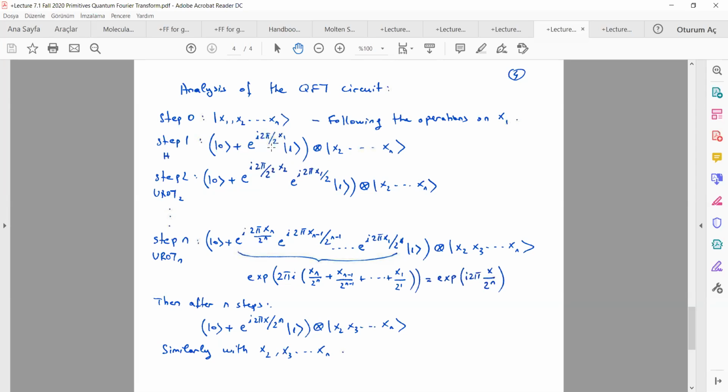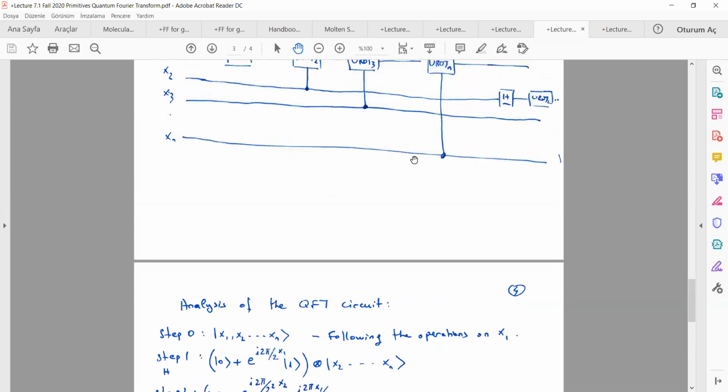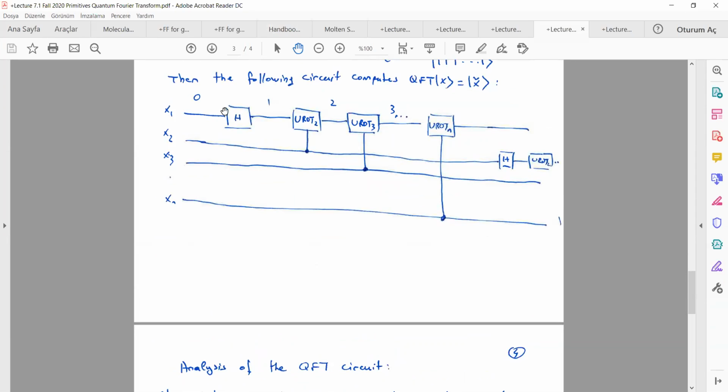And if x1 is 1, then this exponent becomes -1, so I have the minus state. All the remaining x2 up to x sub n remain the same, because I'm applying this Hadamard transform to the first qubit. All the remaining qubits don't get affected.